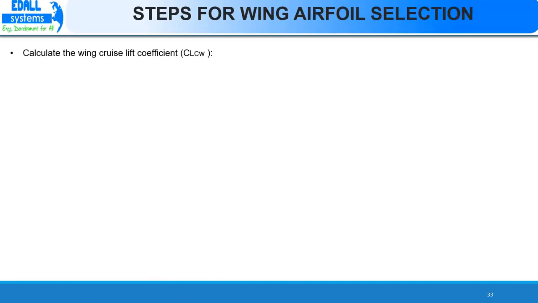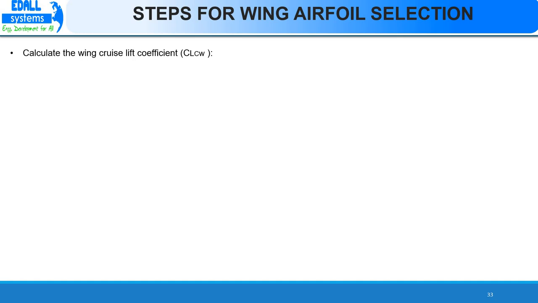The next step is to calculate wing cruise lift coefficient. Basically, the wing is mainly responsible for generation of lift. The other components also contribute to total lift, about 20%. Therefore, the relation between aircraft cruise lift coefficient and wing cruise lift coefficient is a function of aircraft configuration. The contribution of fuselage, tail, and other components of the aircraft will estimate the wing contribution to the aircraft lift coefficient.